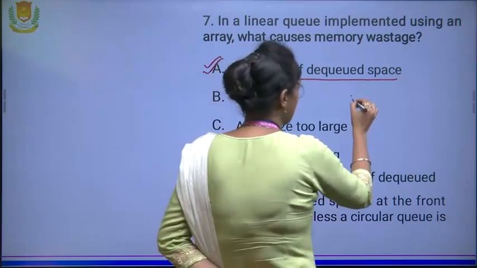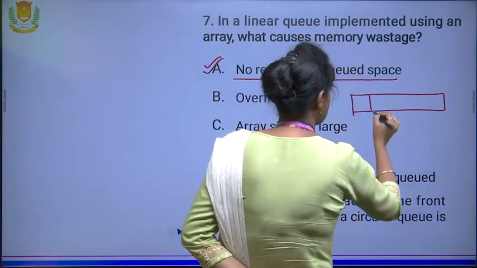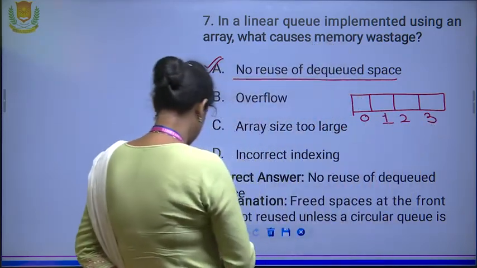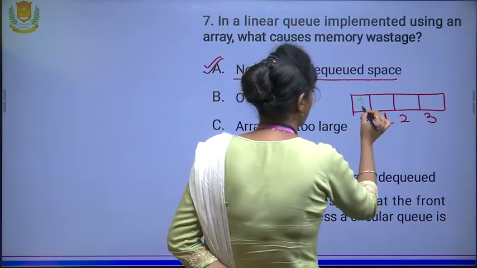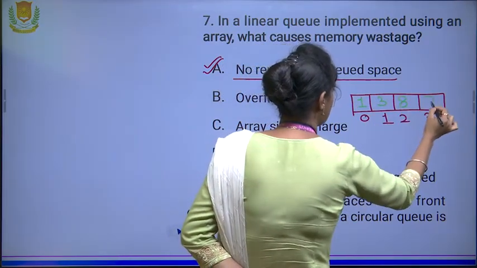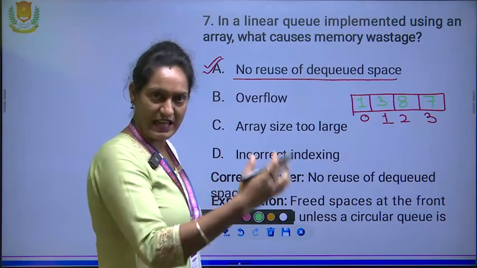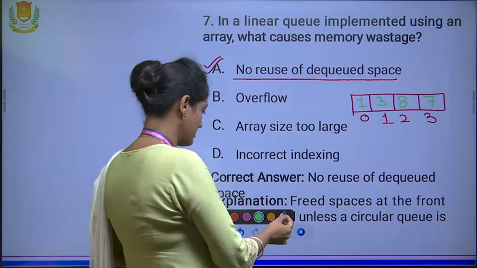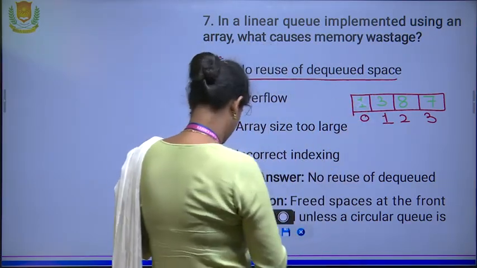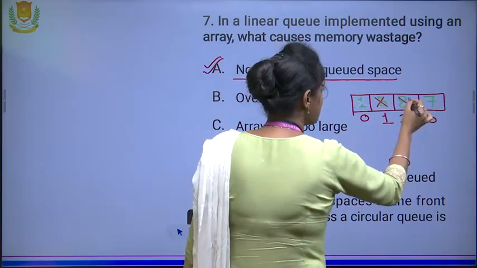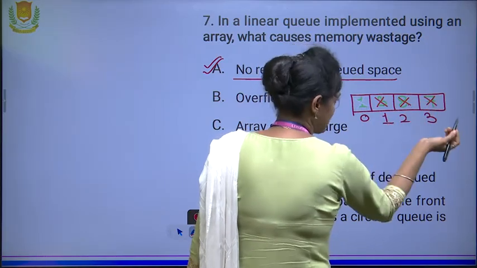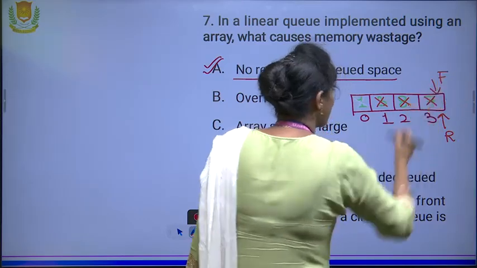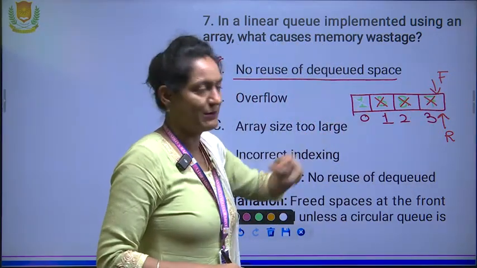It means if I have a queue of size 4, with indices 0, 1, 2 and 3, holding elements 1, 3, 8, 7, and I am deleting elements one by one, then there is no use of these empty spaces, because the rear is pointing here and the front is also pointing here when I am deleting element 7.